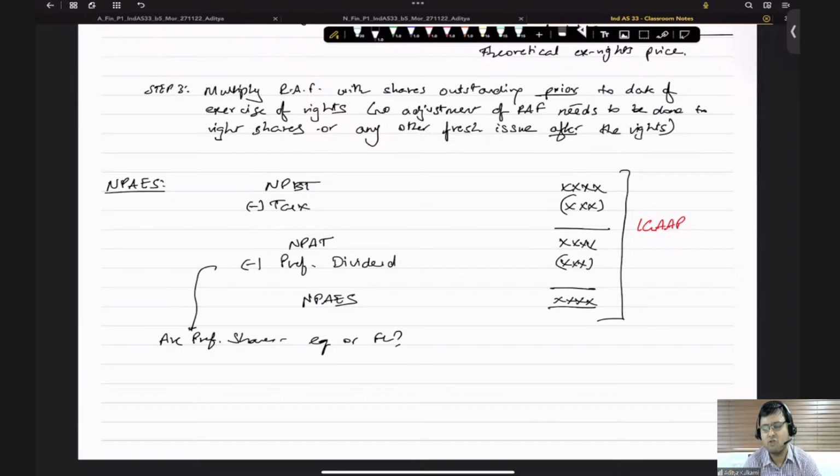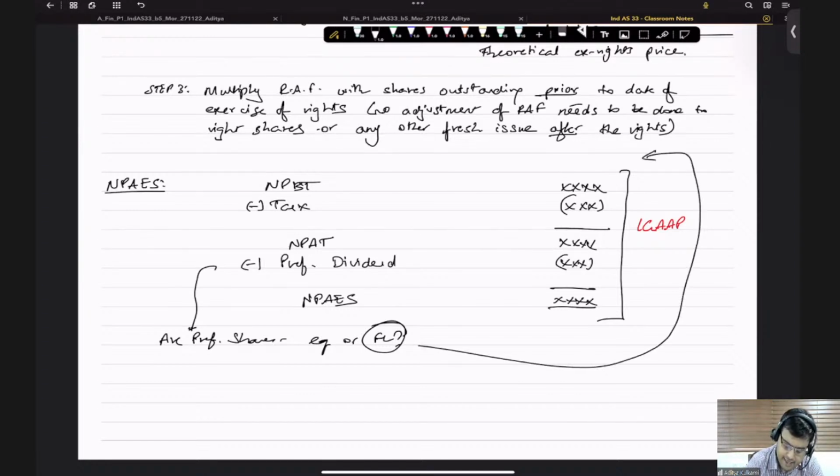Therefore, preference shares would typically form part of financial liabilities rather than equity. And if they are a financial liability, using the effective interest rate we will determine the finance cost, which would typically be deducted prior to NPBT. Therefore, there is no further adjustment required.